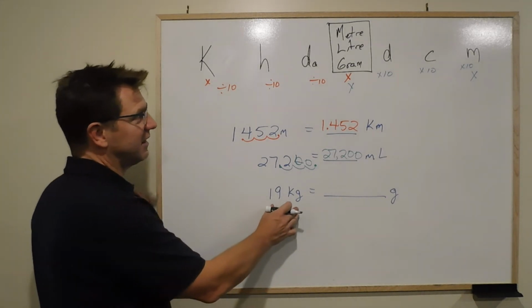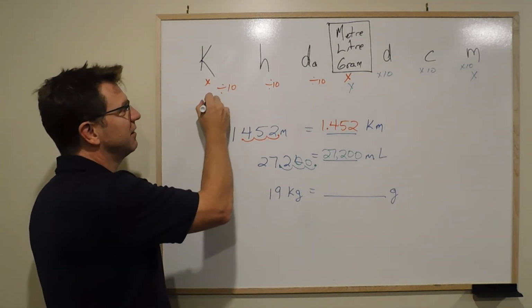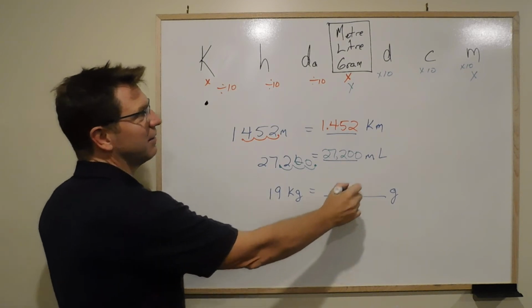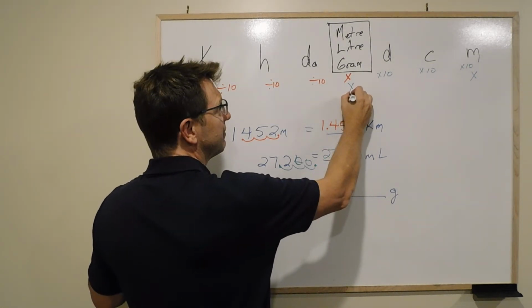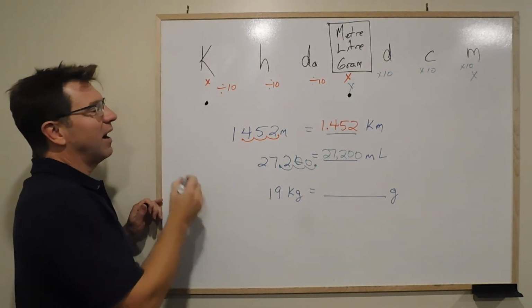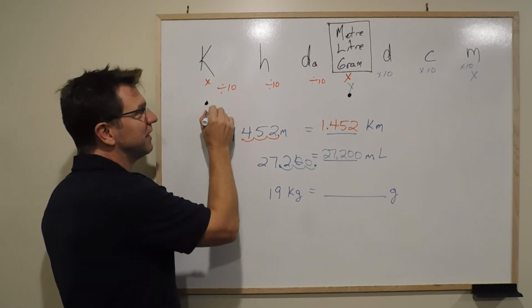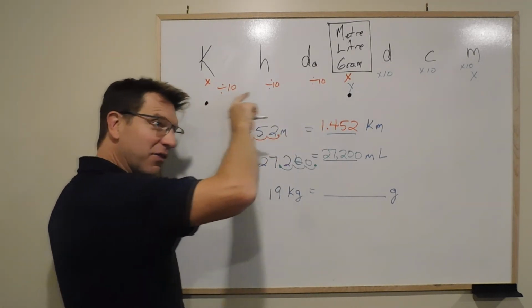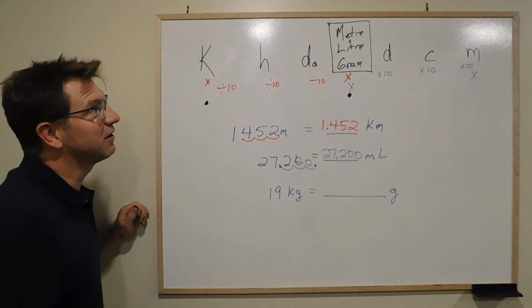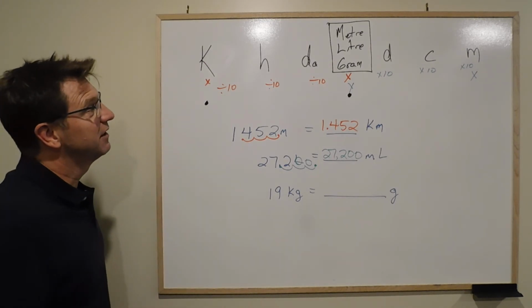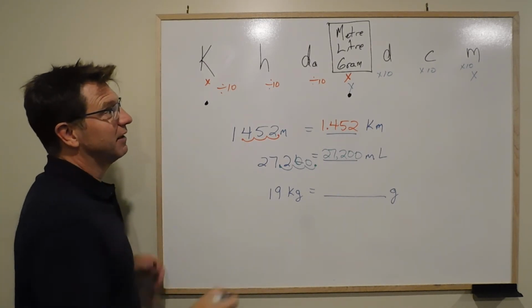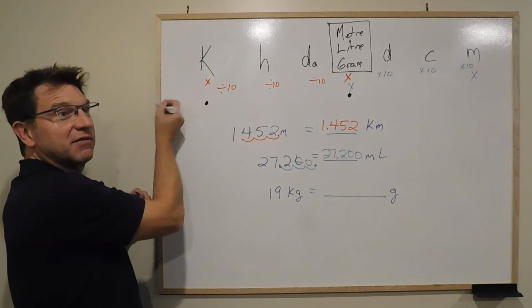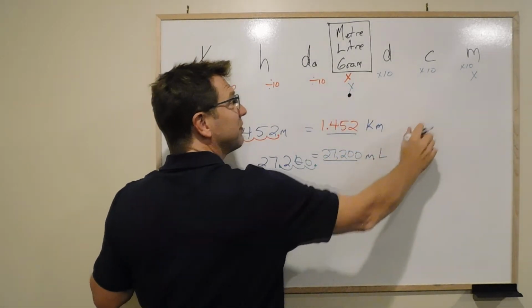I have 19 kilograms, so I'm starting right here. And I want to go to grams, which is right here. Well, because I'm going this direction, whenever I go that direction on our grid here, I have to multiply. If I'm moving this direction, I have to divide. If I'm moving that direction, I have to multiply.